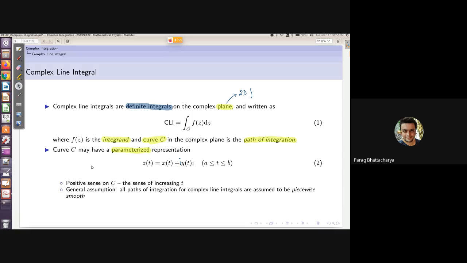Now we need to define this because we are talking about moving along a curve. If you're moving along a curve, then what is the sense in which one direction could be positive, one direction could be negative? So here we need some kind of convention. The convention is positive sense on C. That means when you move along a curve, are you moving in the positive direction or the negative direction?